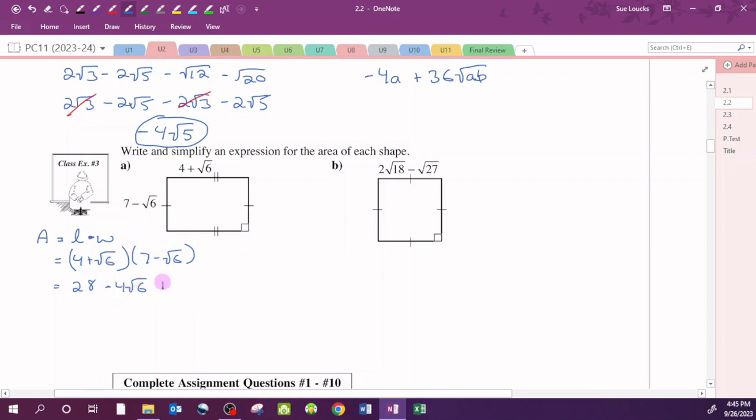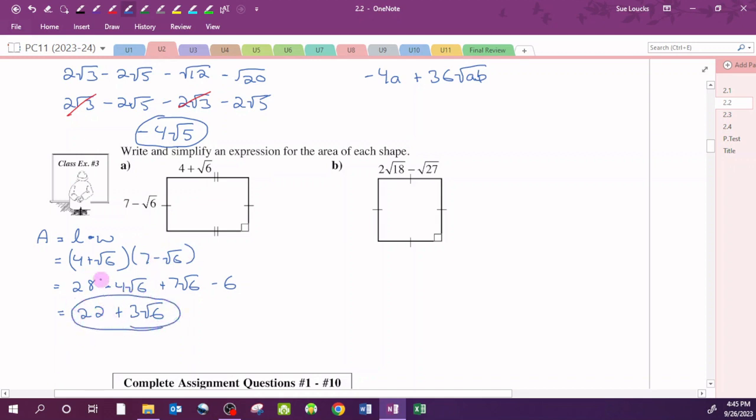And then plus 7 root 6 and minus root 6 times root 6, which is just 6. So I get 28 minus 6 is 22. And then 7 root 6 minus 4 root 6 is 3 root 6. And there we go. That wasn't as bad as it looked, was it?